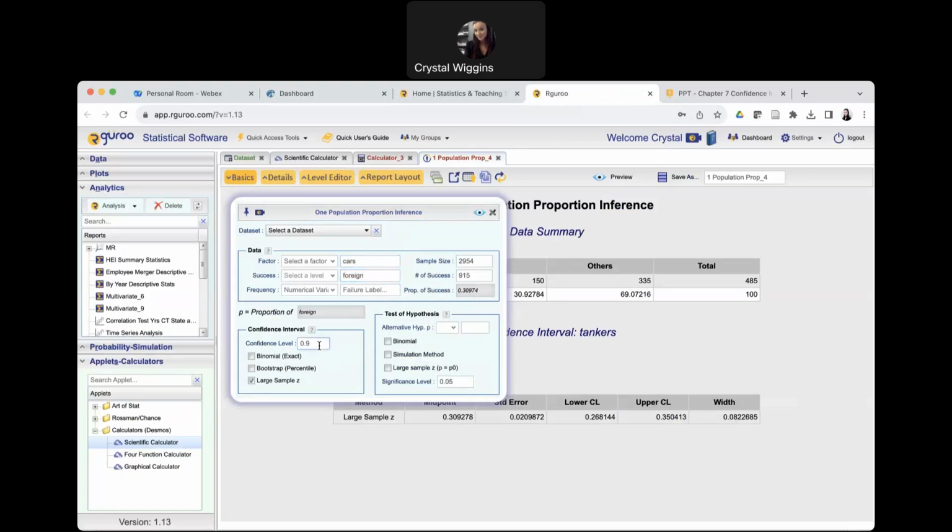And we want 98%. So notice down here where it says confidence level, I had to change the 95 to 98. And because I'm using the same screen that I used in the last problem, my checkbox is already checked. If you are regenerating a new population proportion calculator, don't forget to check that box.